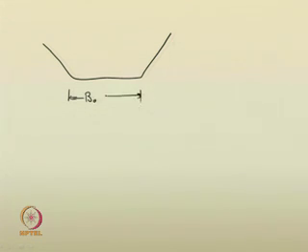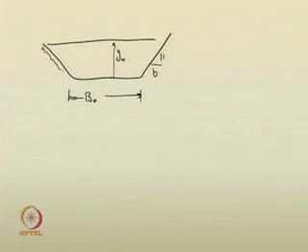Its bottom width is b naught, side slope is 1:b, and the normal depth is y n. Now you have to identify what B 0 is, what y n is, all these quantities. That is what is meant by design of this trapezoidal channel.